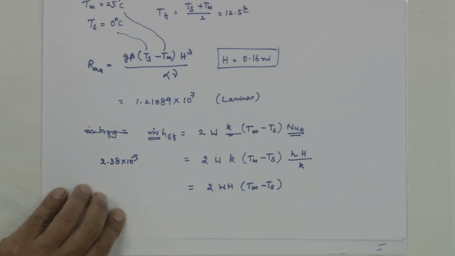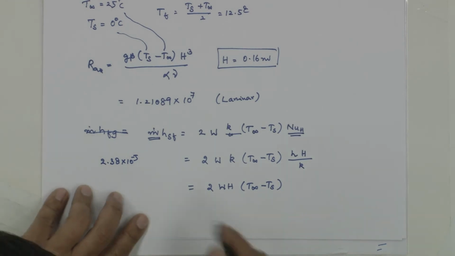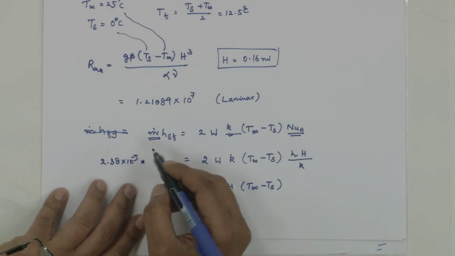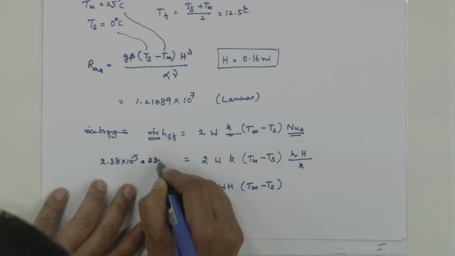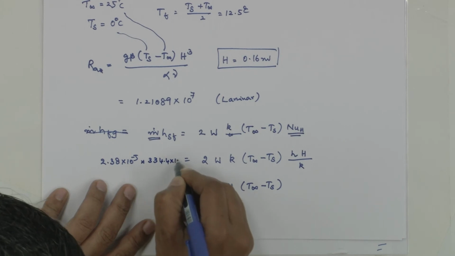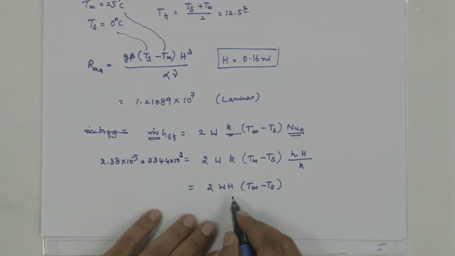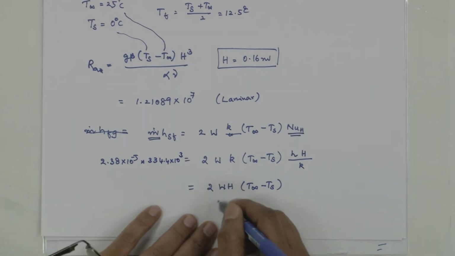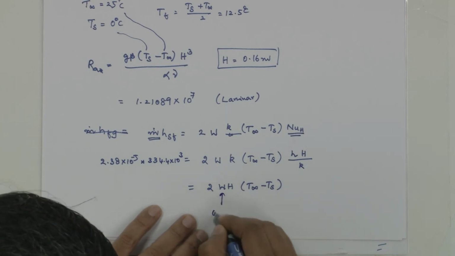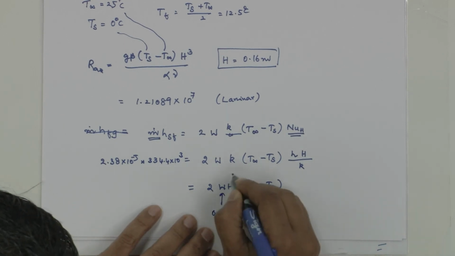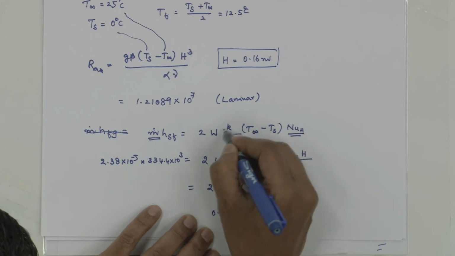So 2.38 into 10 to the power of minus 5, and hSF is 334.4 into 10 to the power of 3, and the width I know as 0.105. Height I don't need here for this.